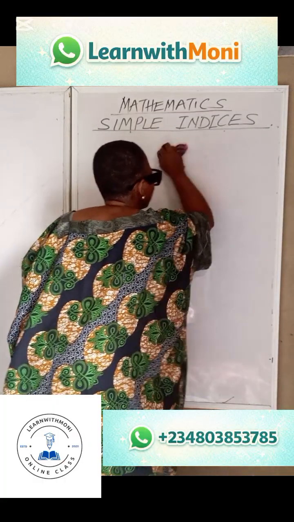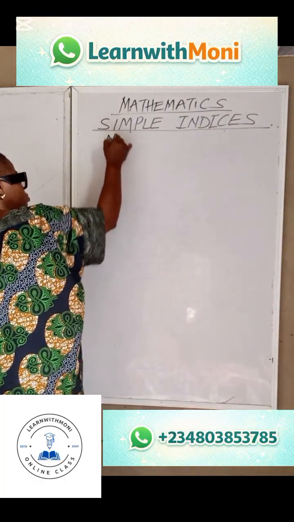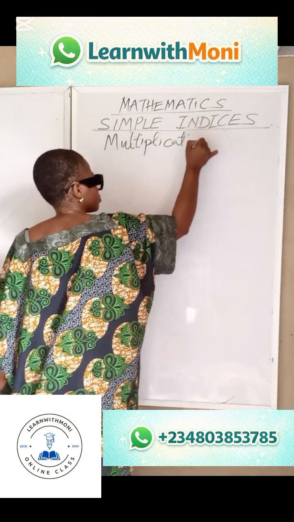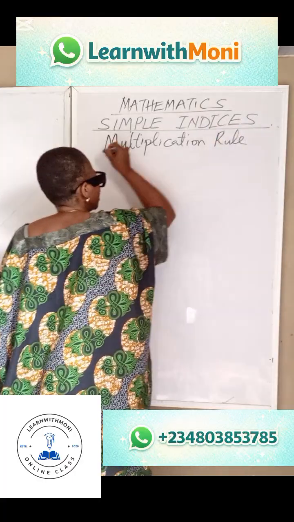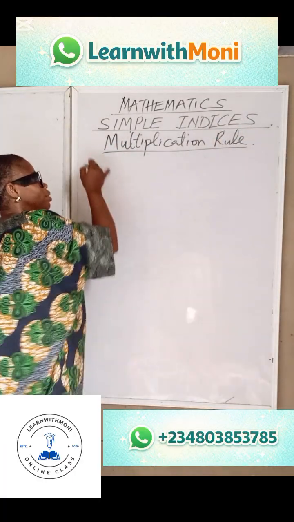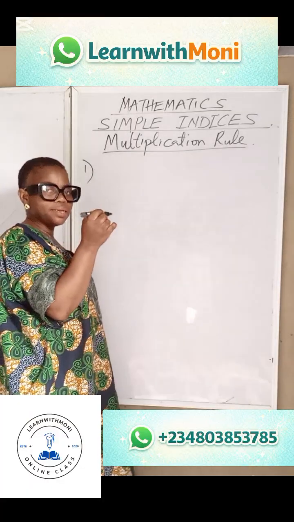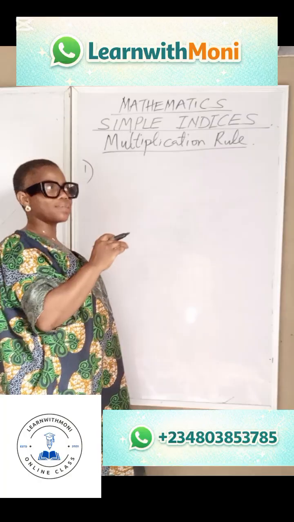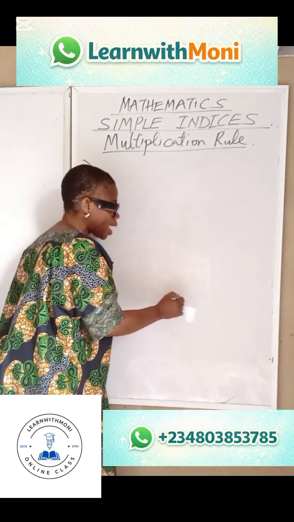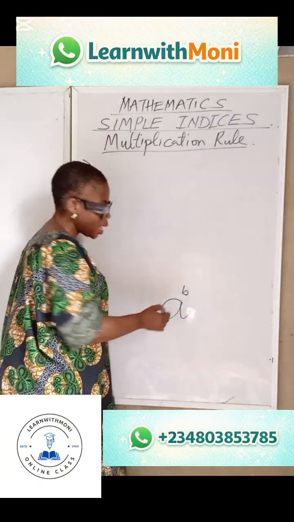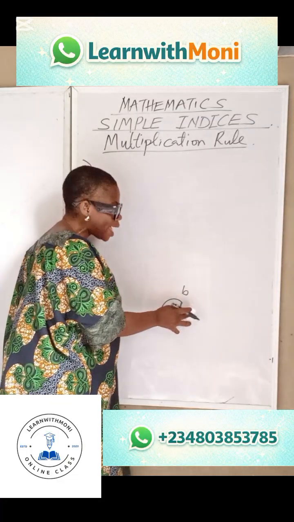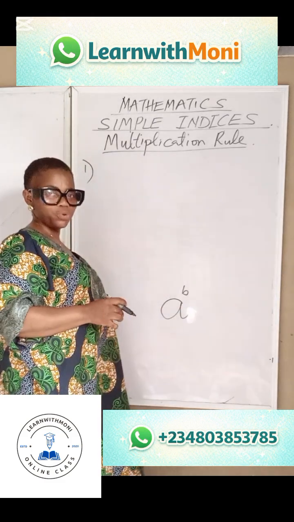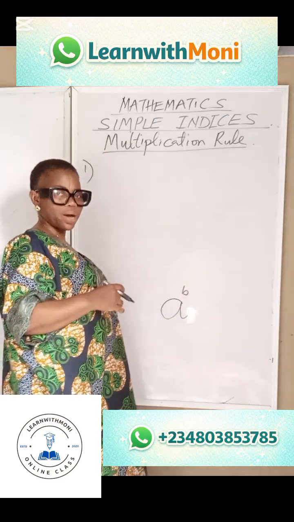Let us start with the rules. The first is the multiplicative rule. In indices, when you are multiplying two numbers whose bases are the same but powers are different, let me quickly explain this to you. When I have a raised to power b, a is the base, and b is the exponent or the index or the power.